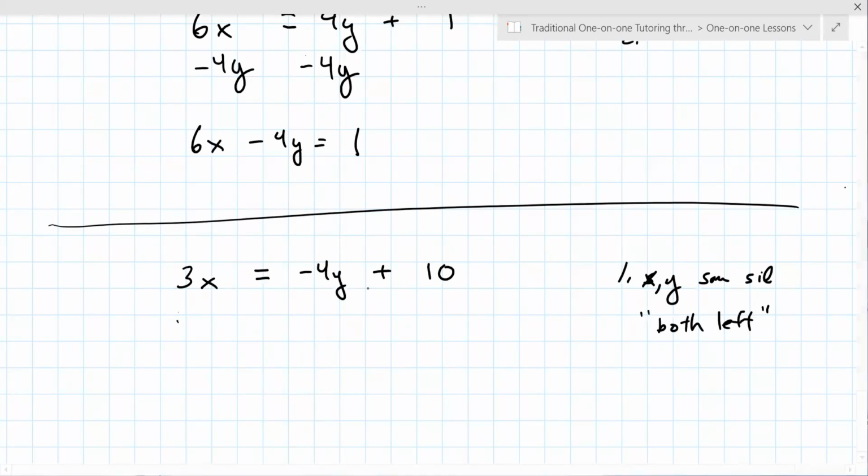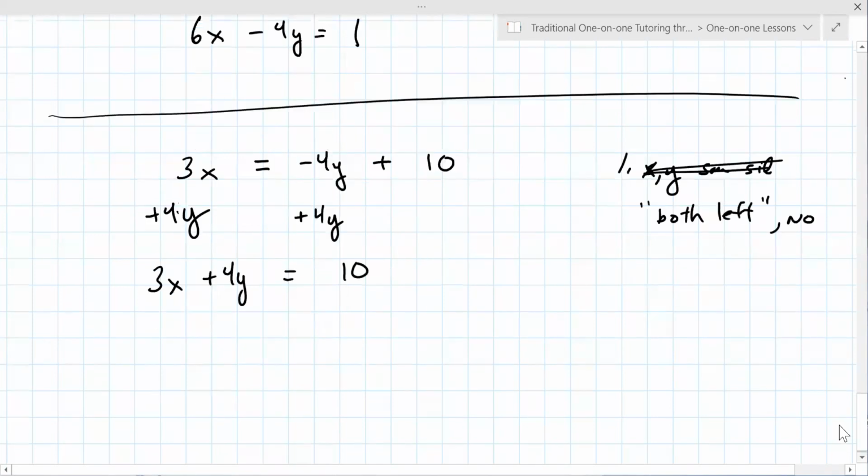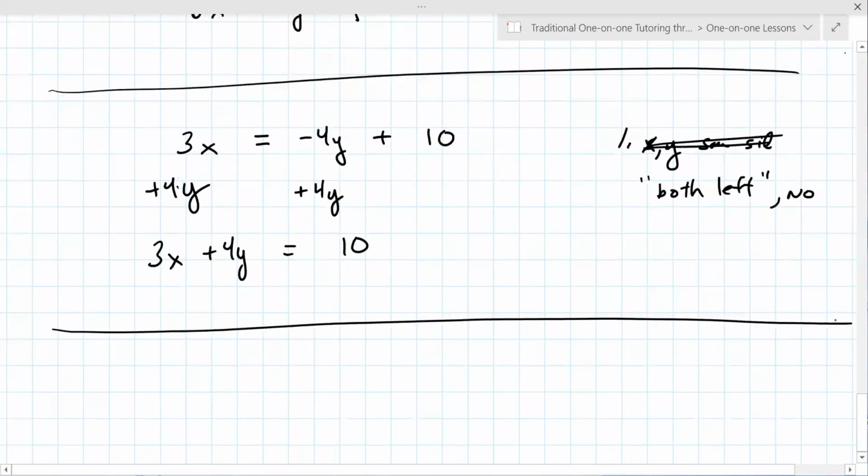No, they're not. So how can we make them both left? We subtract 4... but it's negative, so we want to add 4y. Okay, add 4y. All right.